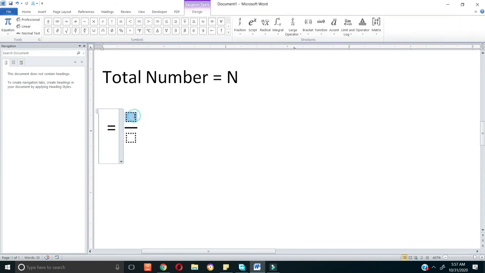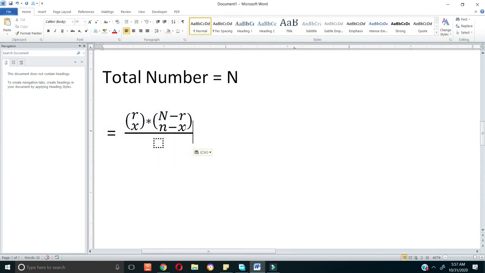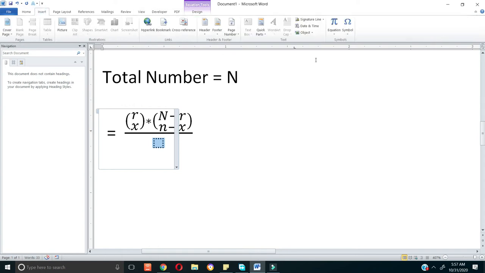That's the number of different ways that you could pick x red balls and n minus x blue balls given n trials over a population of N, where r balls are red and N minus r balls are blue. And then the denominator is going to be the total number of different ways that you can pick n balls from N uppercase.